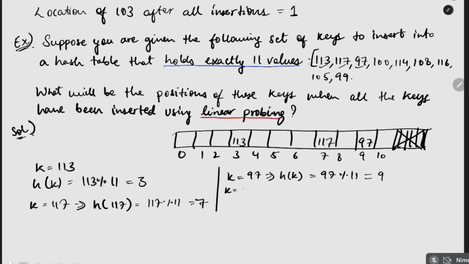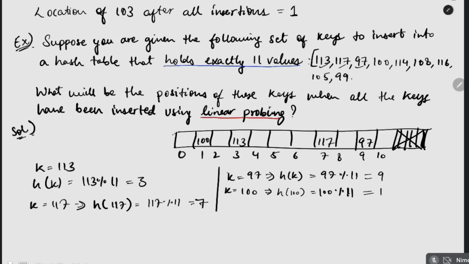Next is 100. H of 100 is 100 mod 11, that gives 1. So it is 100 at position 1, right?